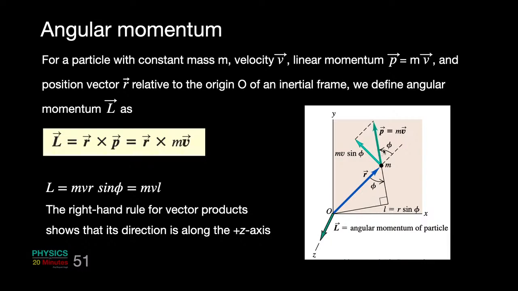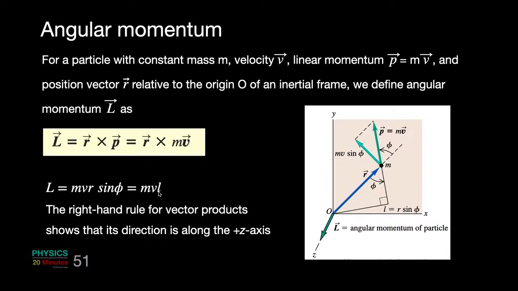Now, if this angle is phi, this angle is also phi, and then this side is r sine phi, and this is called the lever arm l, or technically I can call l as r sine phi, and then angular momentum L can be written as linear momentum into this lever arm l.